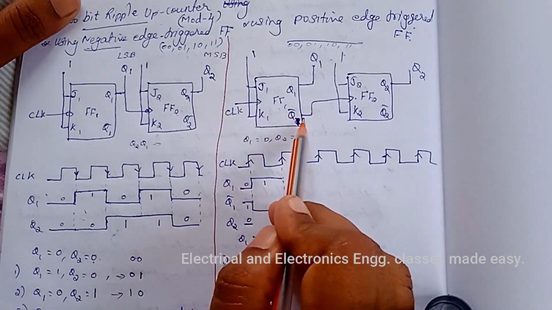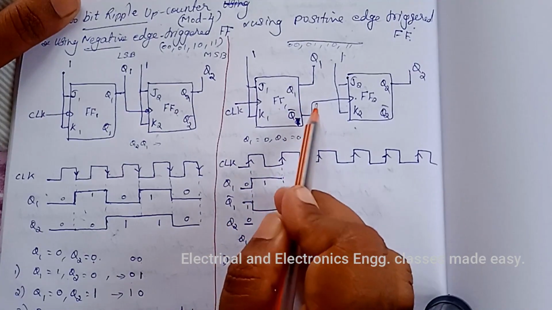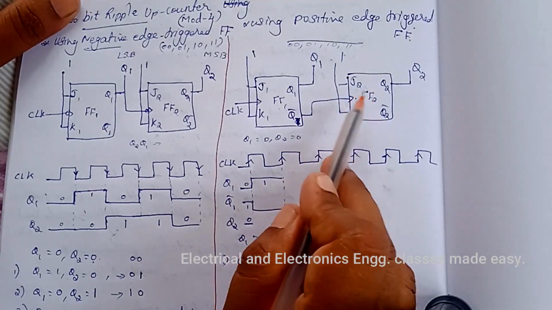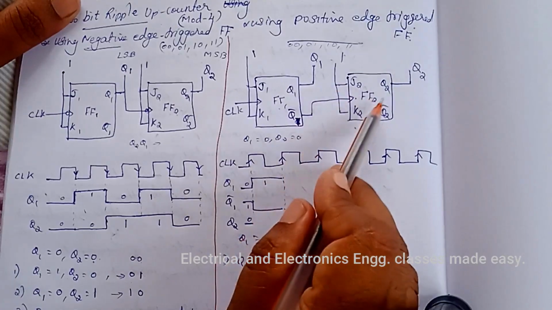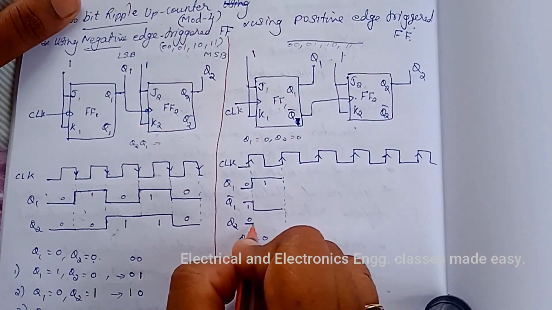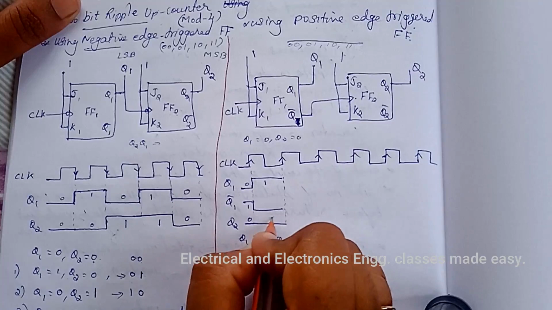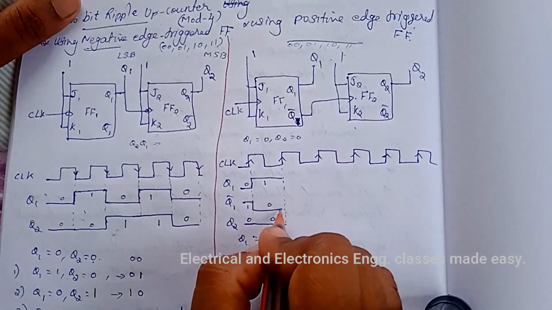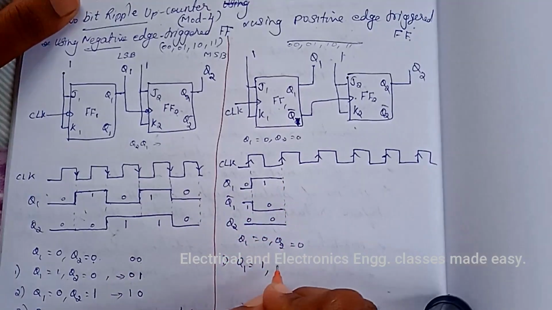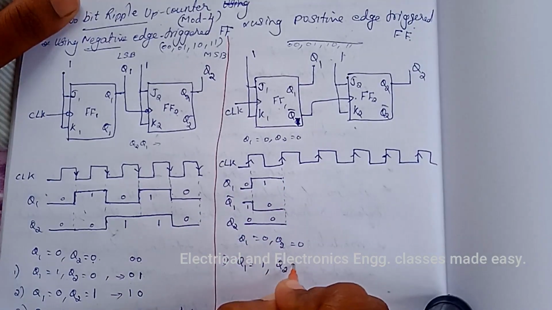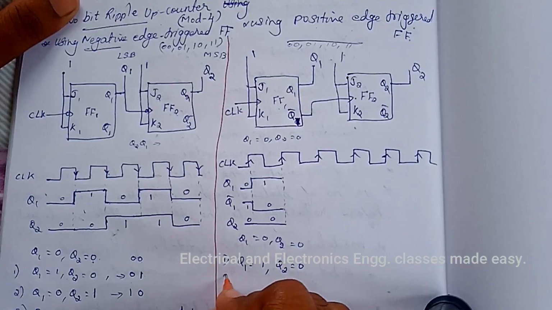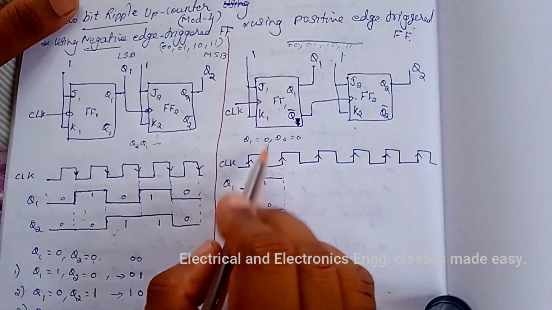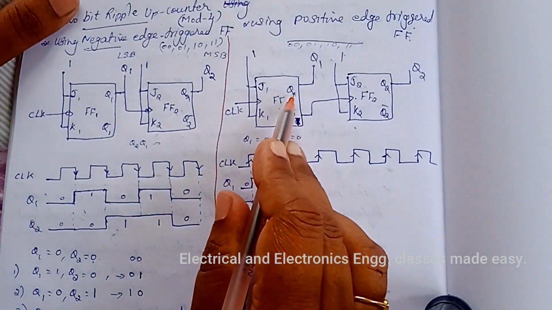So Q1 bar is 0 now, and that is given to the second flip-flop. So it will not act, that is it will not toggle. So Q2 is 0 up to this positive going edge of the clock pulse. Next clock pulse. So Q2 is equal to 0. And after this second clock pulse at the positive going edge, Q1 changes.